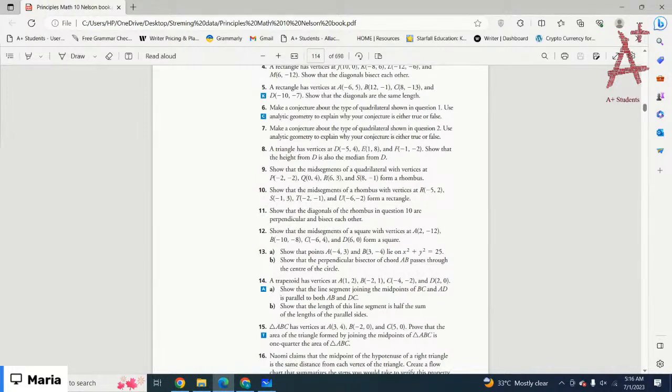Okay, let's look at question number 12. Show that the midsegments of a square with vertices A, B, C, D form a square.